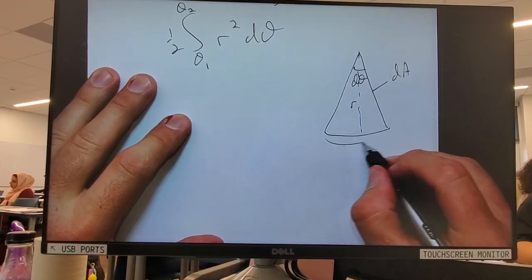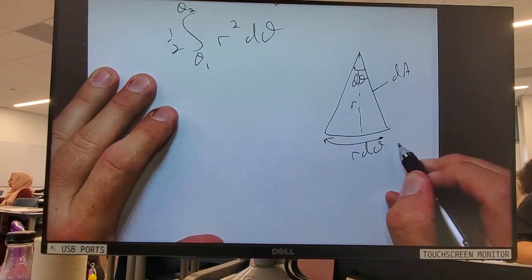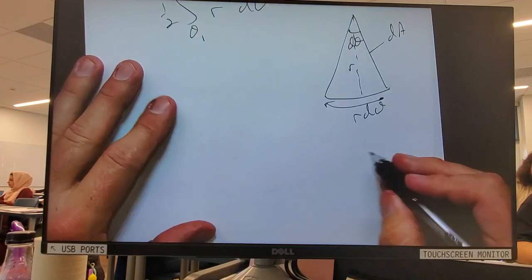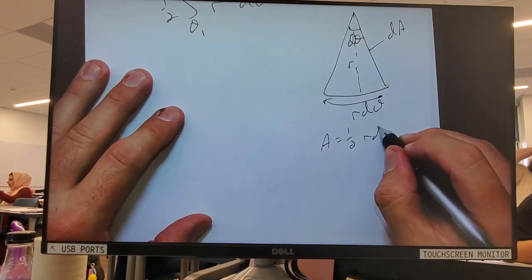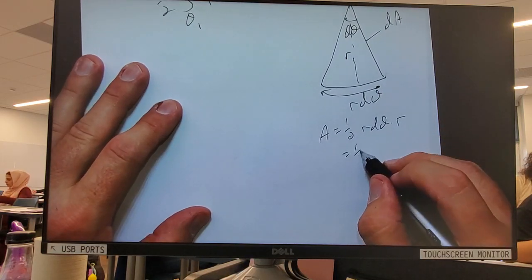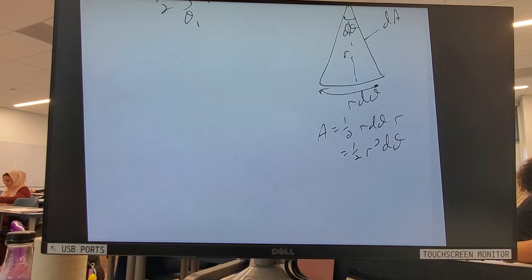This is R. This is R d theta, yes? So then what's the area? It would be 1/2 the base times the height, 1/2 R squared d theta. I did not take the derivative of anything. I just put together little tiny elements of the angle, little changes in the angle. Every time I move the angle by d theta, I get another little wedge, another little area, and I keep adding.